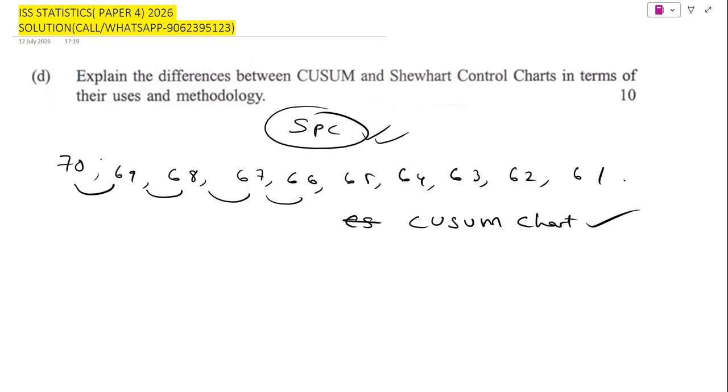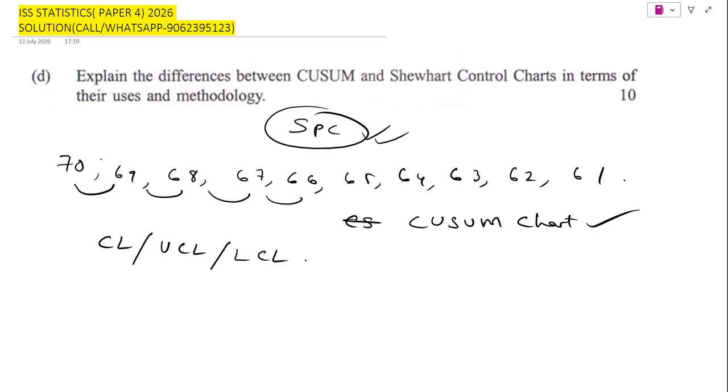Okay, now let us understand the Shewhart control chart. The methodology is very simple. Okay, each sample statistic, such as the sample mean, is plotted individually on the chart, and the chart contains the central line, that is the process mean, the upper control limit UCL, and the lower control limit LCL.